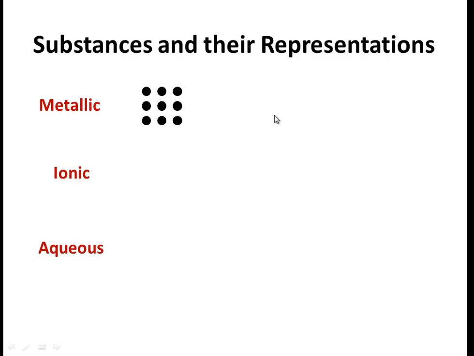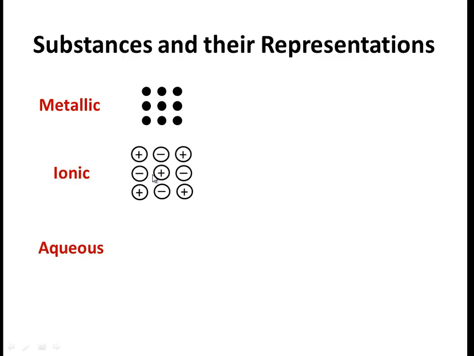I'd like to represent metallic compounds using this sort of visual representation because in a pure metal like pure copper or pure iron, the atoms are arranged in this lattice structure. It's similar to ionic, but instead of having cations and anions, you've got the metal atoms arranged side by side, up and down, in this array pattern.